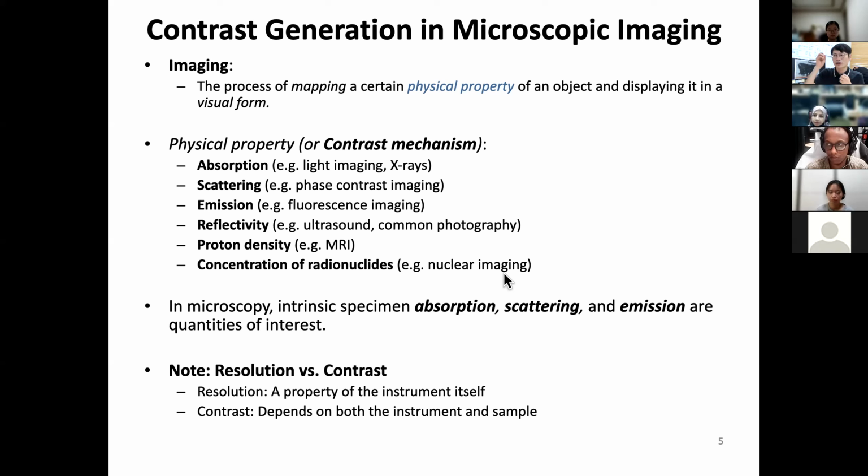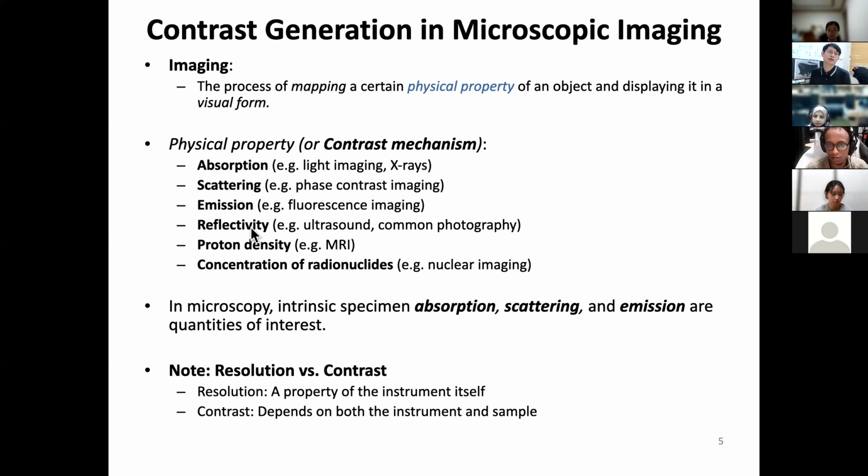That radioactive activity can be detected by a special detector, such as a PMT, so it can detect the presence, location, and concentration of radionuclides. That converts into an image.